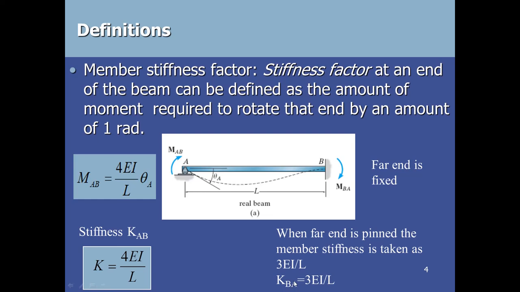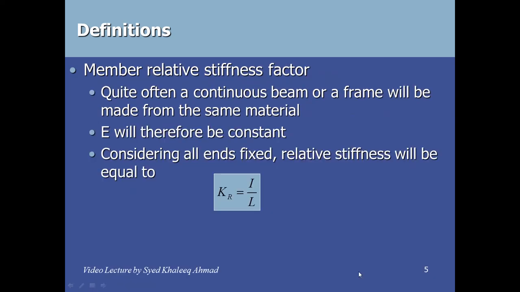This will be taken as 3EI by L. In some cases you will find that the modulus of elasticity is the same for the whole material. So in that case those common values will be cancelled and we can calculate this relative stiffness factor, which will be just I upon L if all the ends are considered as fixed.